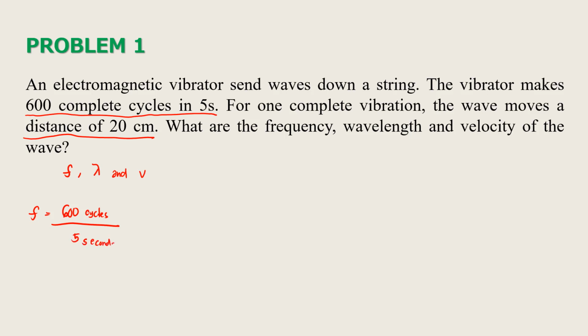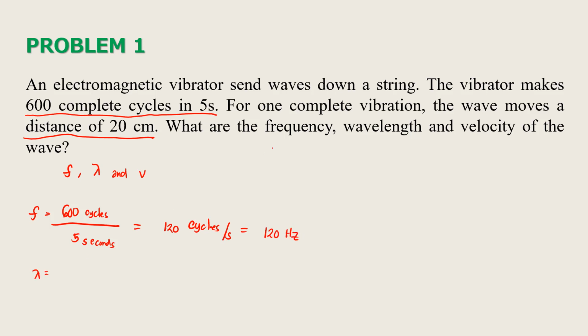So by definition, the frequency is the number of complete wave patterns per unit time. So we have 600 divided by 5, that is equivalent to 120 cycles per second, or this is equivalent to 120 hertz.